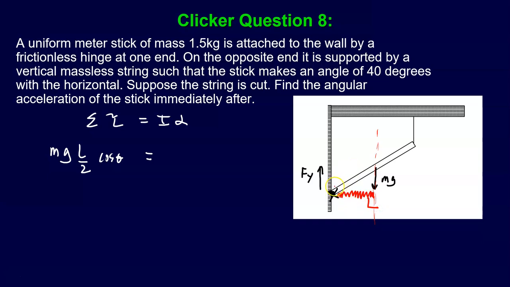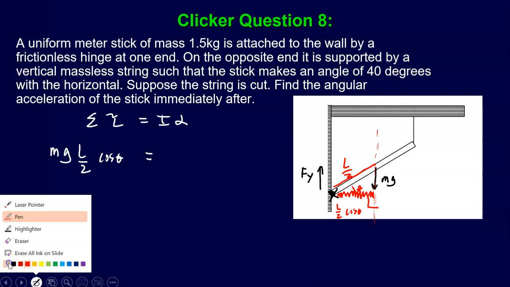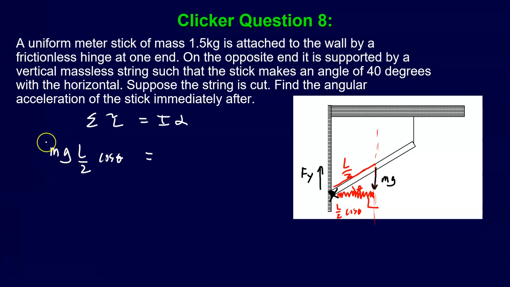This little distance right here would be L divided by 2, and this is our angle, which is 40 degrees starting out. So this side would be L divided by 2 cosine of that angle. When I express the torque, I'll get the force, which is mg, and then the moment arm, L divided by 2 times cosine.